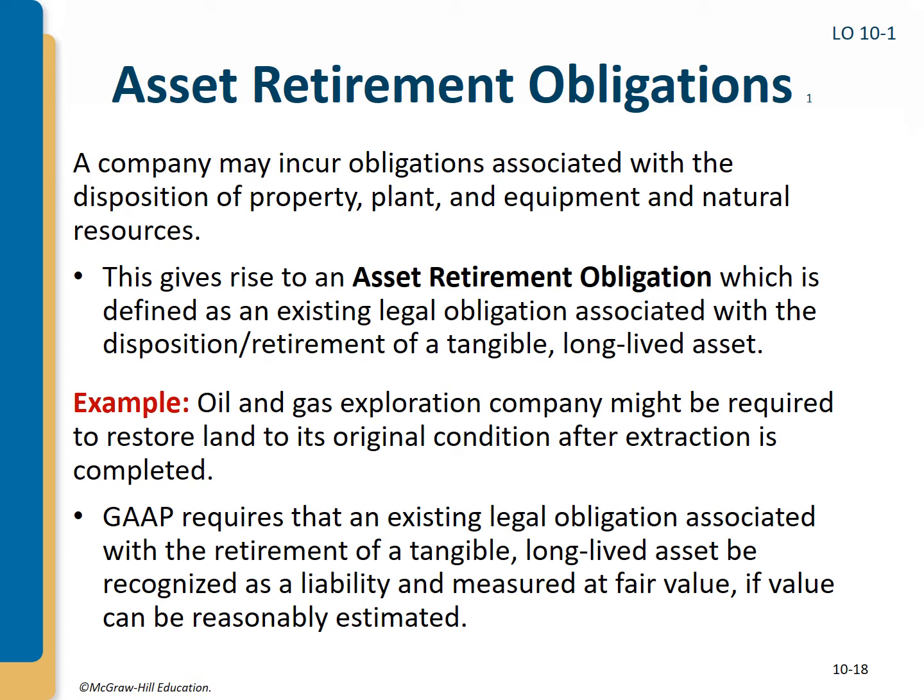So once they're done exploring and getting all the oil and gas out of the land, they have to fill it in, grade it, make it back to what it was. GAAP requires that an existing legal obligation, so you know you're going to have this in the future, must be recognized as a liability and measured at fair value if it's reasonably estimated.